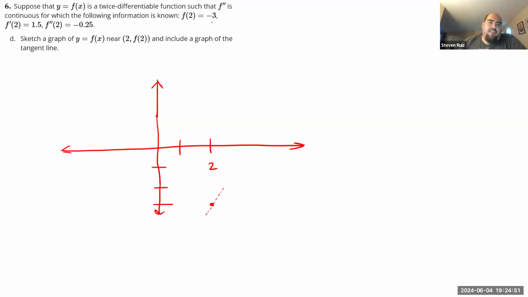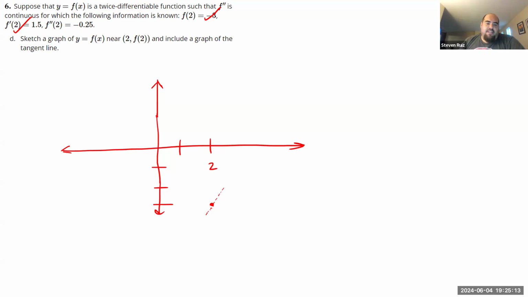We know that the tangent line at that point is going to have that slope at that point. So we've incorporated f, f prime, and f double prime. f double prime is negative. That means that even though the slope of the tangent line at this point is 3/2 or 1.5, we know that slope will be decreasing in this neighborhood.